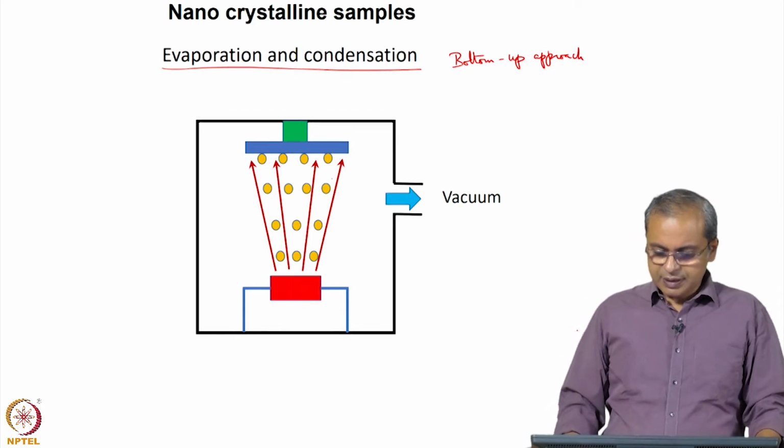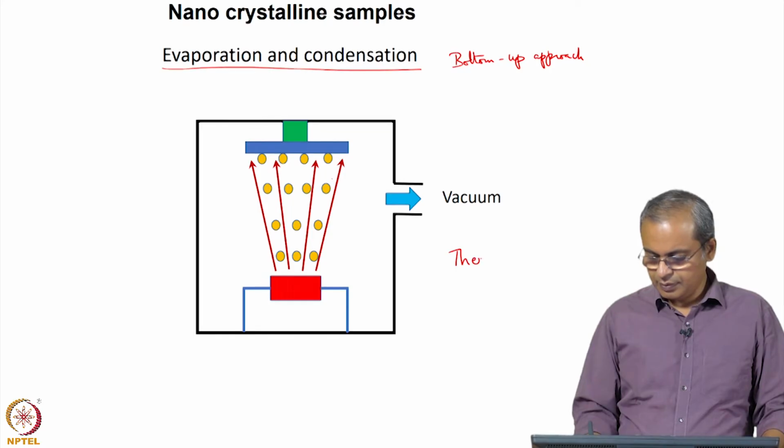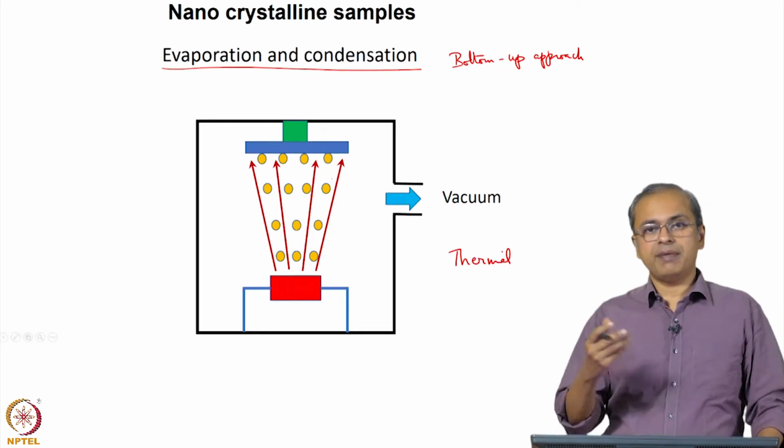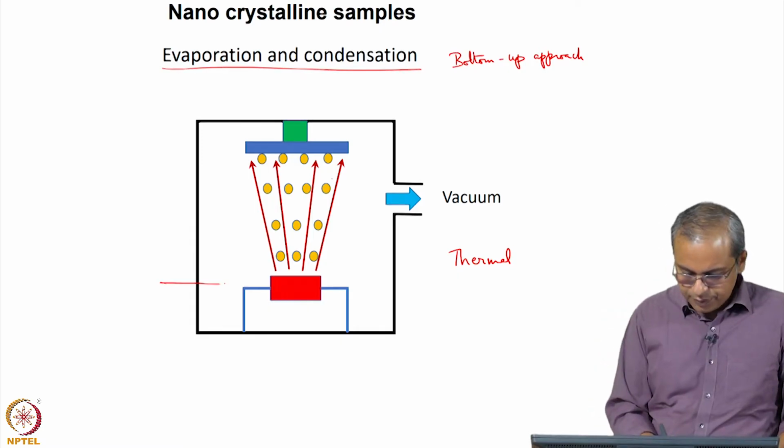So, the first process is a thermal process, basically thermal evaporation. What we do is there is a boat, this is called a boat.